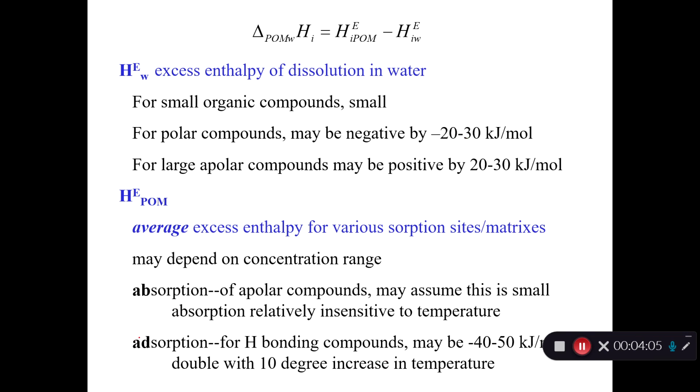So these two processes, adsorption and absorption, are both relatively insensitive to temperature, quite similar to what we saw with KOW. And if we talked about how you could estimate an HEW term, we talked about with KOW that you might just assume that this is zero. So the same rules apply here for thinking about absorption of organic chemicals to natural organic matter.